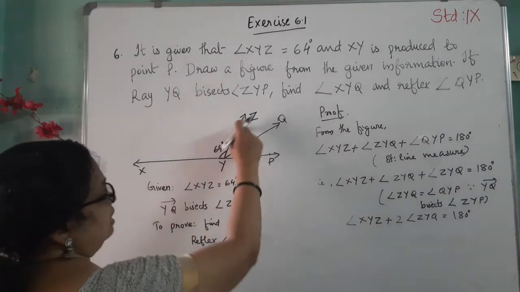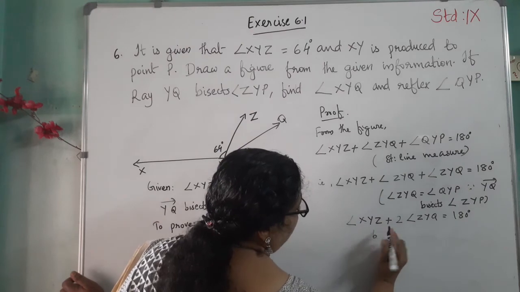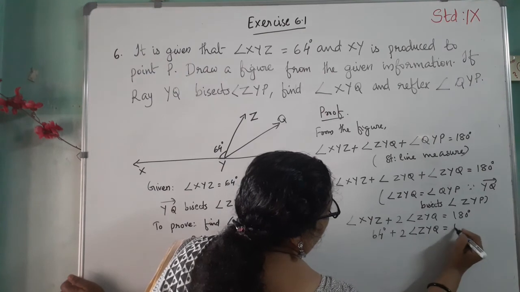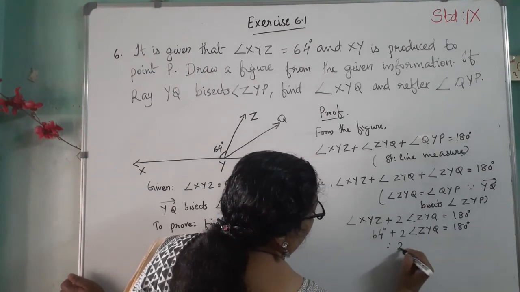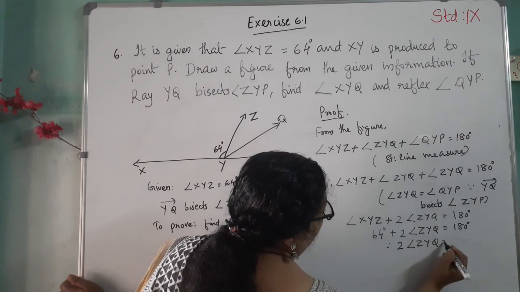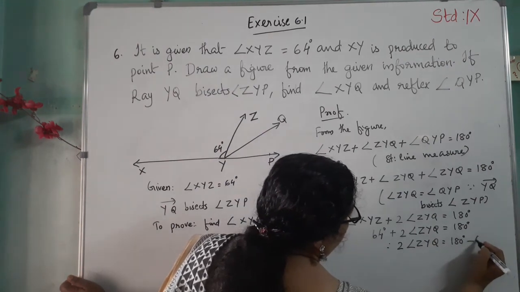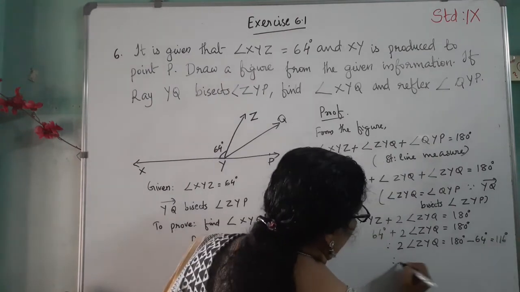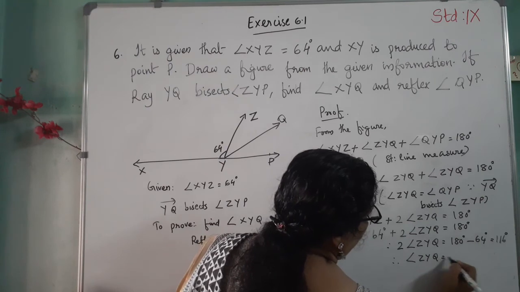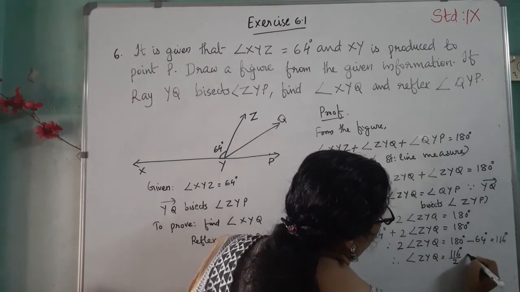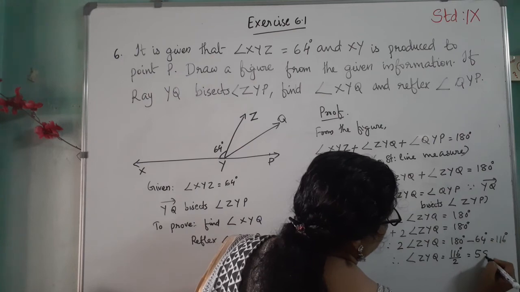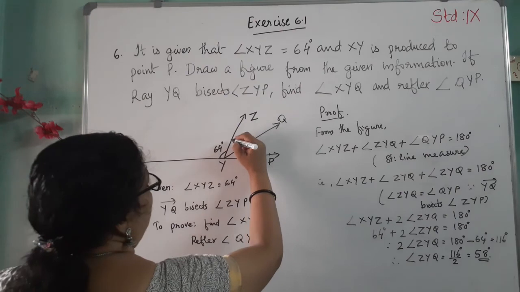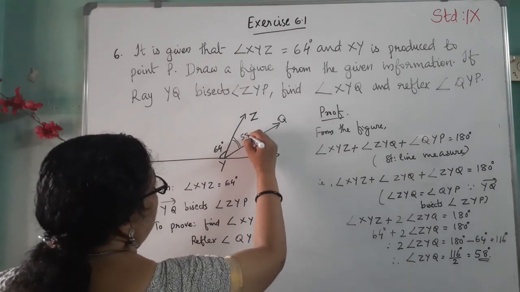Angle XYZ is given as 64 degrees, so 64 degrees plus 2 angle ZYQ equals 180 degrees. Therefore 2 angle ZYQ equals 180 minus 64, that is 116 degrees. Therefore angle ZYQ equals 116 divided by 2, that is 58 degrees.